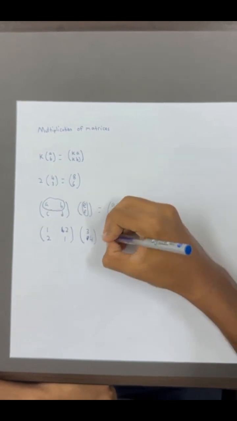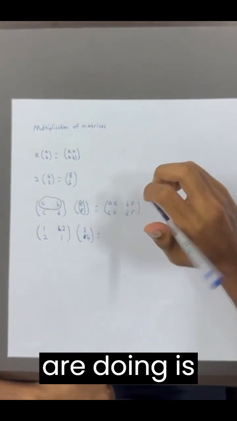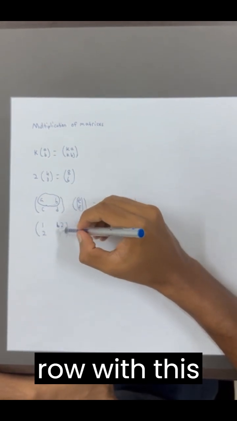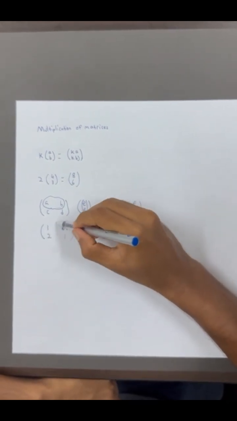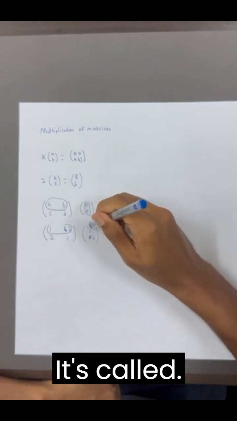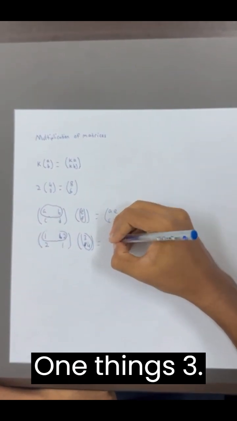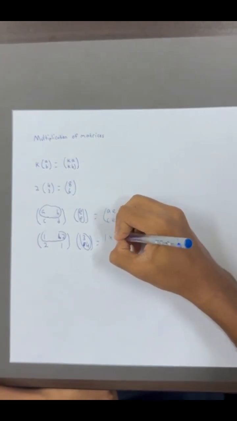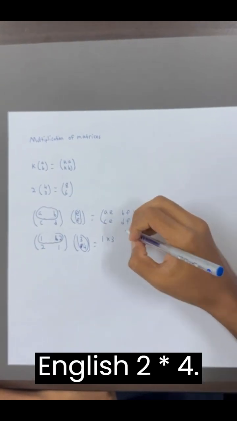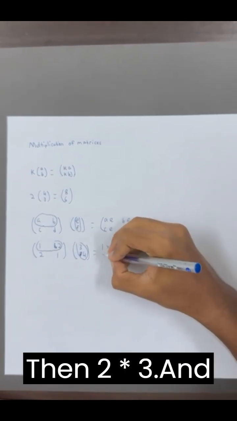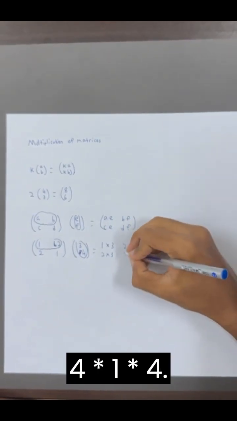Now we have to multiply this row with this column. So first is 1 times 3, then 2 times 4, then 2 times 3, then 1 times 4.